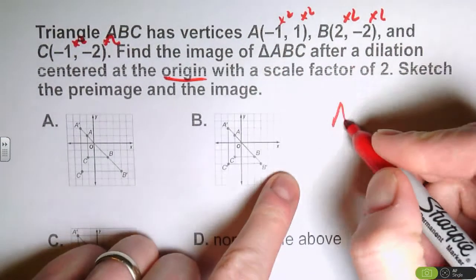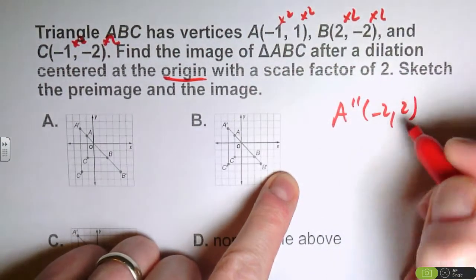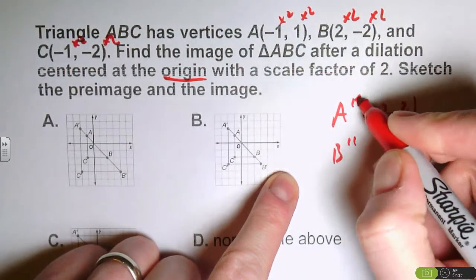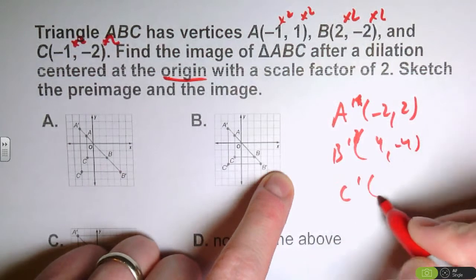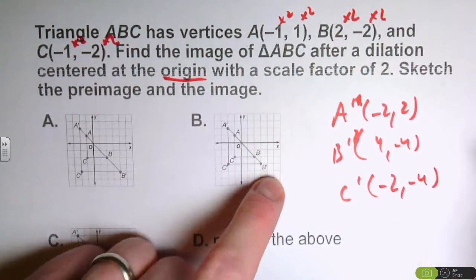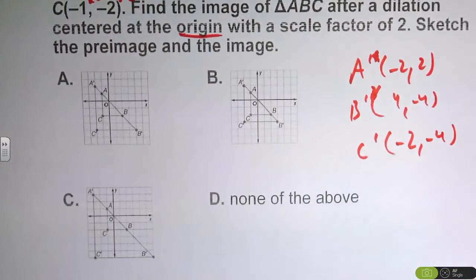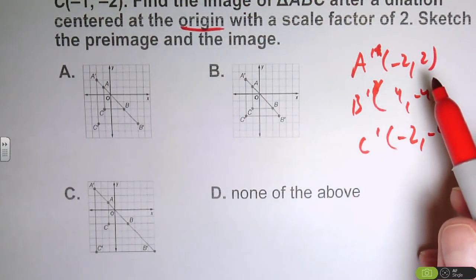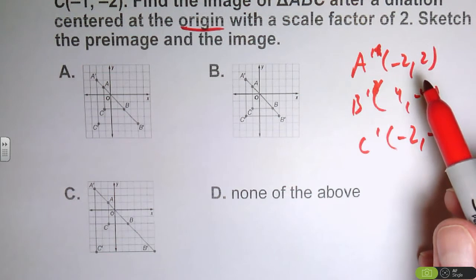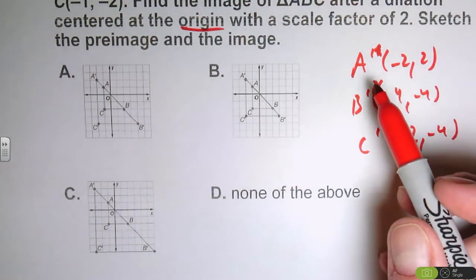Okay. So A prime will be negative 2, 2. B prime will be at 4, negative 4. C prime will be at negative 2, negative 4. So we're looking for the one of these three that has those coordinates. So let's see. A prime should be at negative 2, 2.